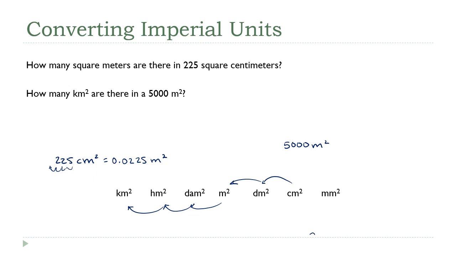So 1, 2, 3, 4, 5, 6. So this will be 0.005 square kilometers.